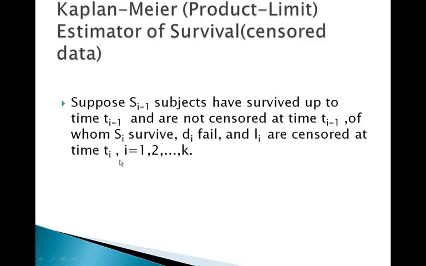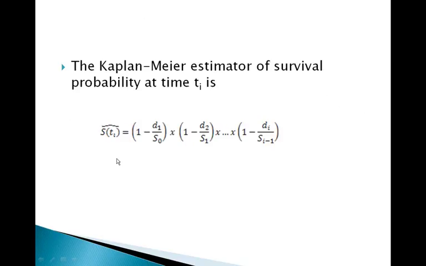That sounds very tedious, but basically it's the way we figure out what somebody's survival value is if an event has occurred, or D sub i has failed, and I sub i is the indication of whether it was censored or not censored, and T sub i is the time they're contributing to the overall study. The Kaplan-Meier estimator of survival probability at time T sub i is then defined with the following equation.